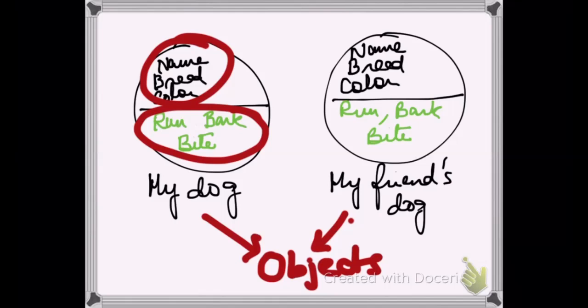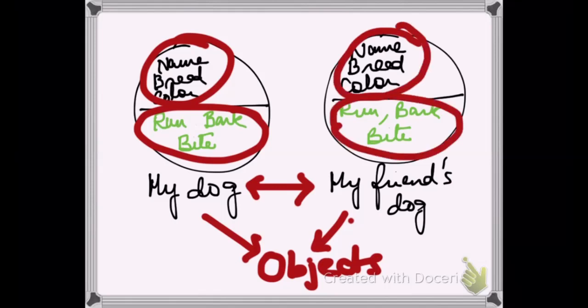Similarly, my friend's dog is distinct from my dog. They are not the same. They are quite distinct from each other. And my friend's dog is described by these features and it can perform these actions. So you can think of these in terms of objects. My dog is an object, my friend's dog is an object. If you have a dog, your dog is also an object.